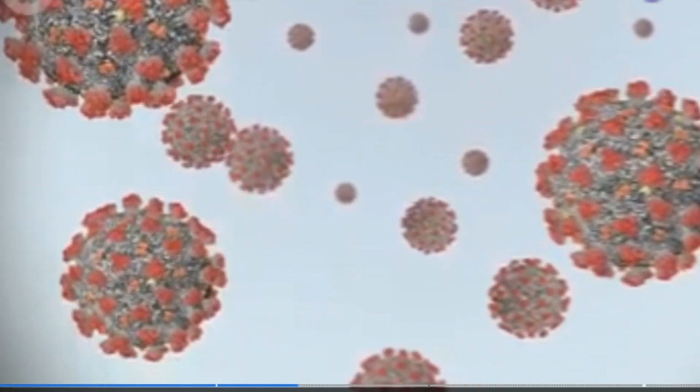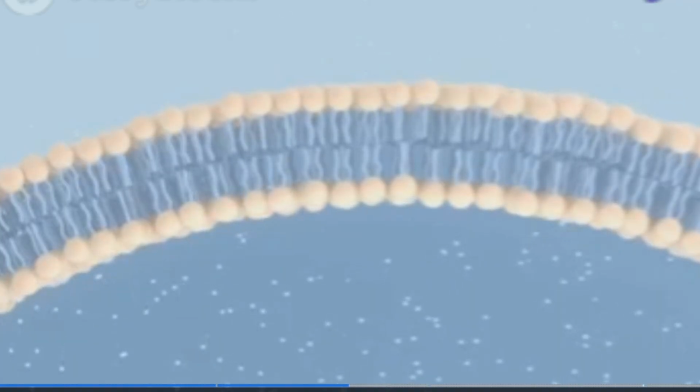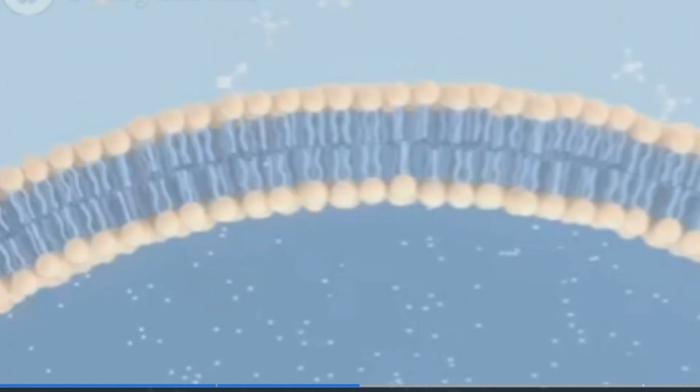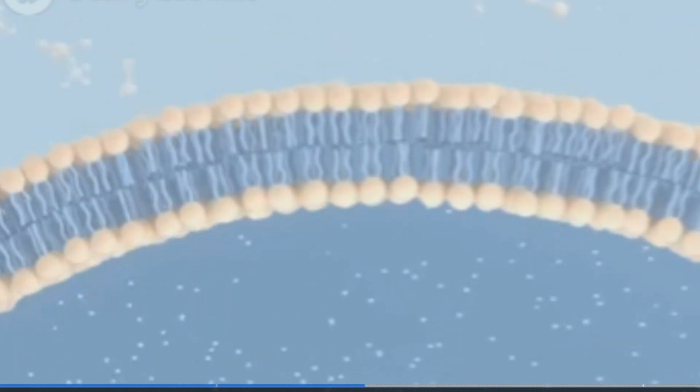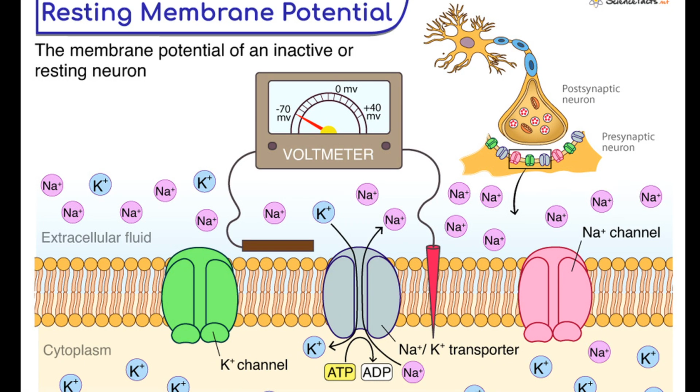Similarly, a cell has a separation of charge across its membrane, creating a potential difference that is essential for its function. But how does this separation of charge arise? The answer lies in the uneven distribution of ions, or charged particles, inside and outside the cell. The cell membrane, which acts as a barrier, is selectively permeable, meaning it allows some ions to pass through more easily than others.